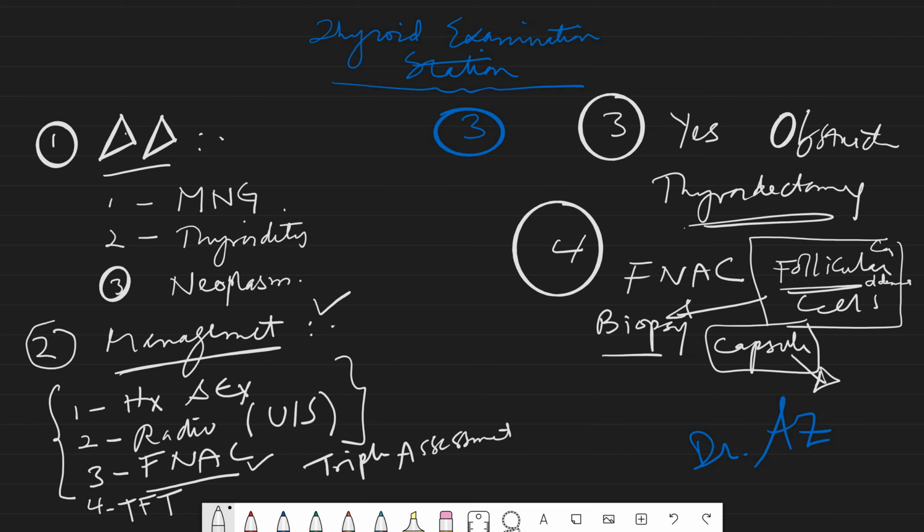The last question here, they are going to ask you, this patient now has a cancer. So what is your management in this case? There are some steps that you are going to do, and the steps will be as follows. I will write them here for you so that you will remember them. This is for this question.